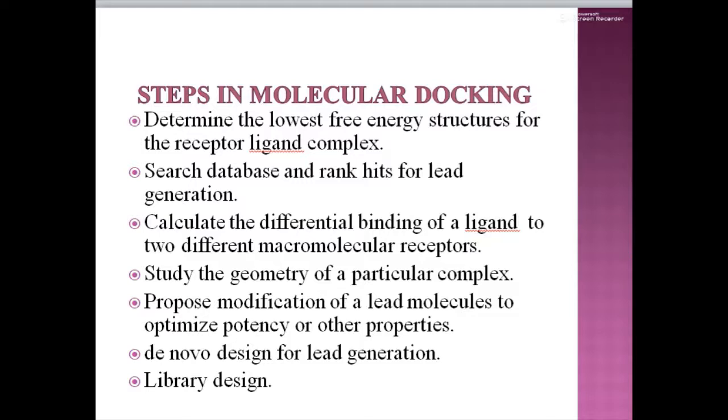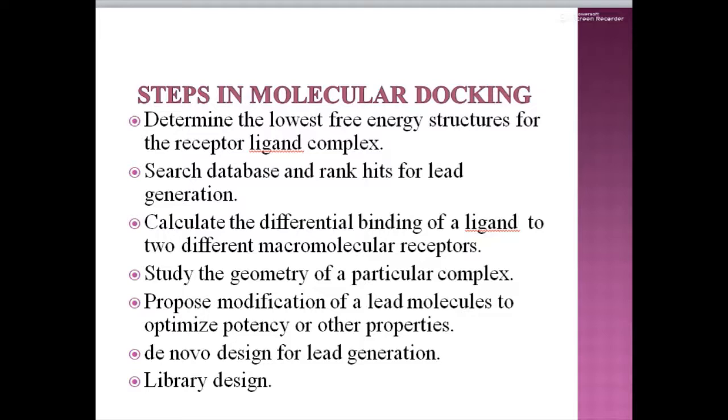Sometimes if you modify the particular lead molecule, you might get a better interaction. You will try this. Then next one is the de novo design of the lead generation. Now you propose a particular design so that it becomes better, and then a library design of that is created.